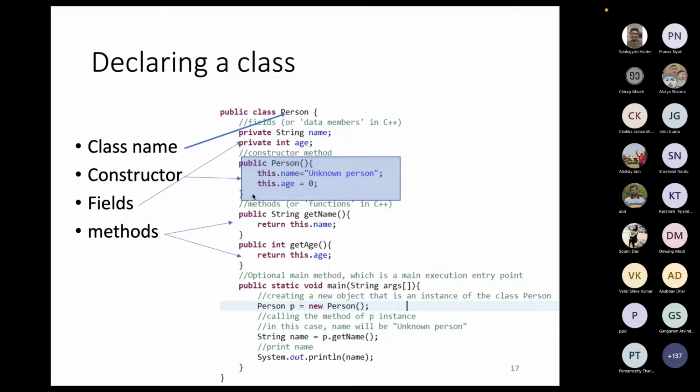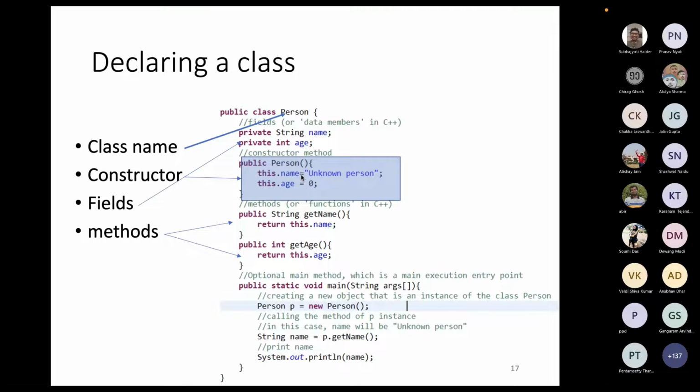and there is a particular keyword which is being used, which is the this keyword. So this refers to the current object. This is a reference to the current object in Java. So this dot name: when this particular constructor gets invoked, this dot name will refer to the name of the current object which is being created, which has been constructed.